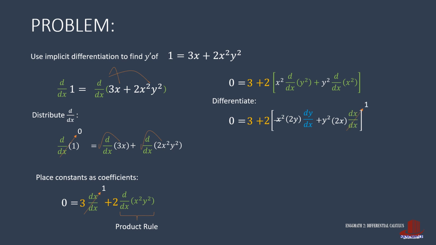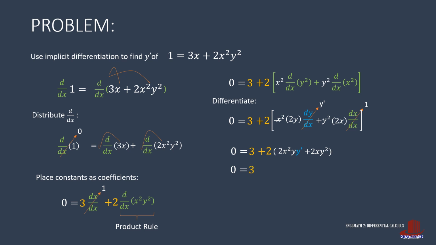We already know that dx upon dx is 1, and also dy over dx is tagged as y prime. So the simplified function is then written as 0 as equal to 3 plus twice of the binomial 2x squared y with y prime plus 2xy squared.